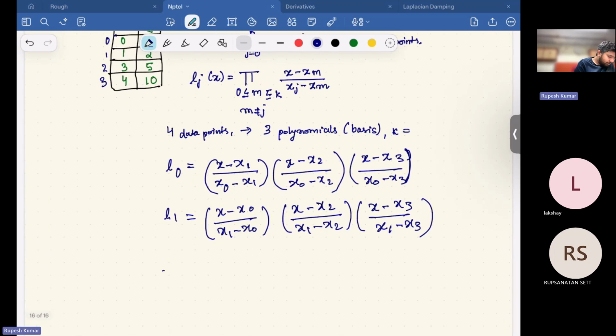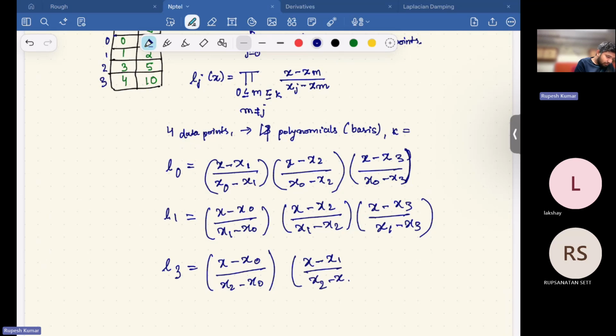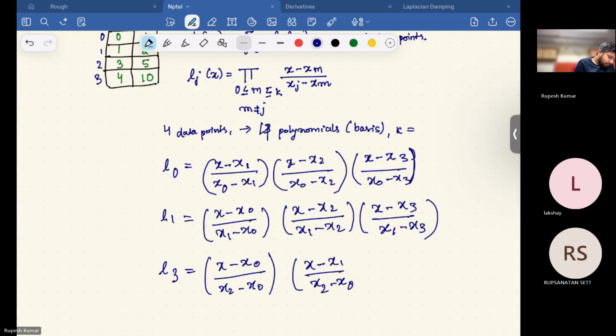Similarly, the next basis would be x minus x0 by x2 minus x0, into x minus x1 by x2 minus x1, into x minus x3 by x2 minus x3.